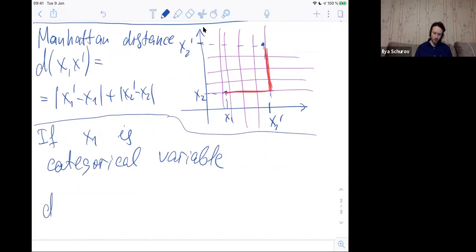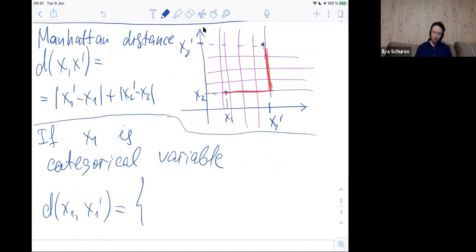Actually, if you don't know anything about these categories, probably the only possible way to define distance reasonably is the following.